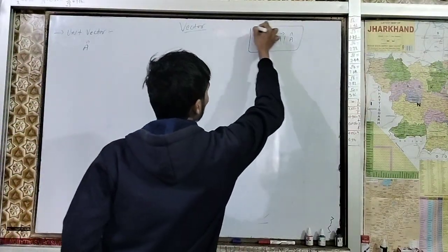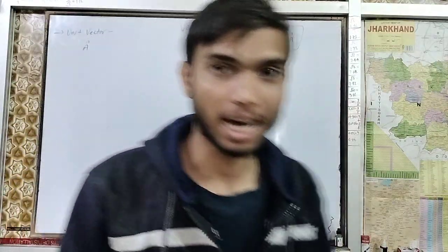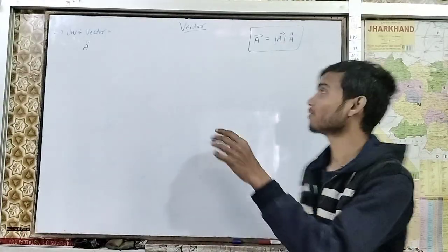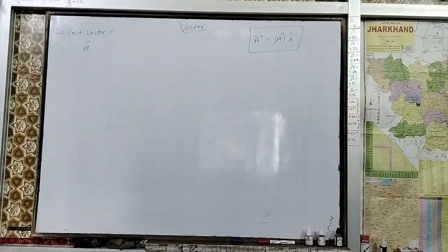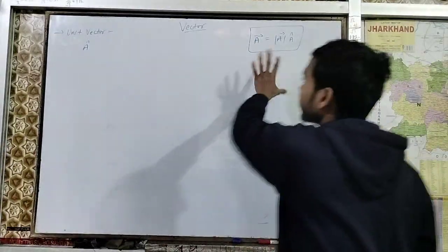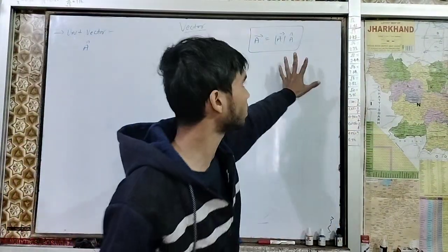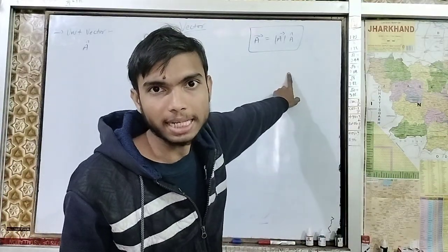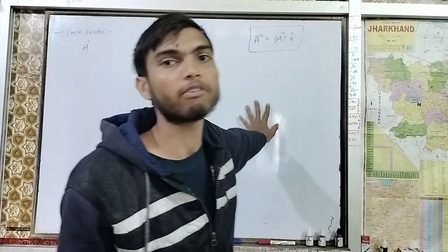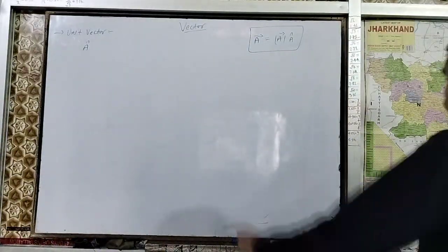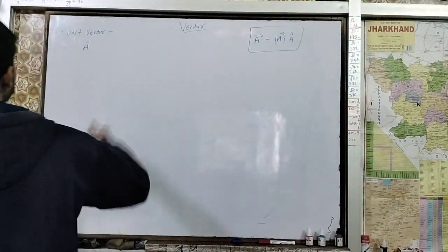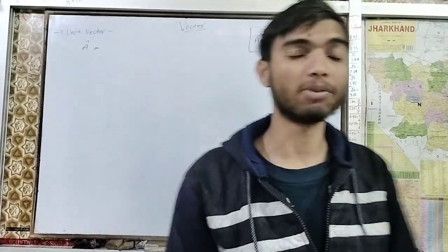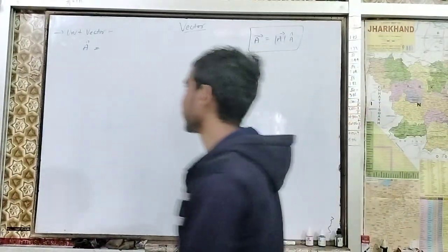From this equation, we can find the direction of any unknown vector. You know that this is the definition of a vector: it has magnitude and it has a direction. We just multiply, and after multiplying we get the vector. If asked to find the direction of an unknown vector, we will use the upcoming equation.